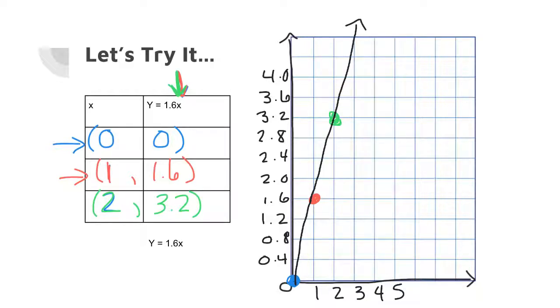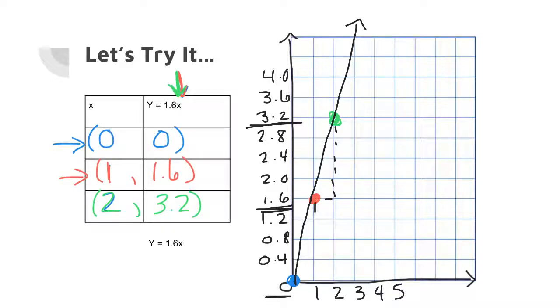And now I can find my C.O.P from this graph. So I'm going to count down. It might be easier just to watch the side. I'm going to count down from 3.2 down to 1.6. That's actually 1.6 down and 1 over. And then I'm going to go from 1.6 down to 0.